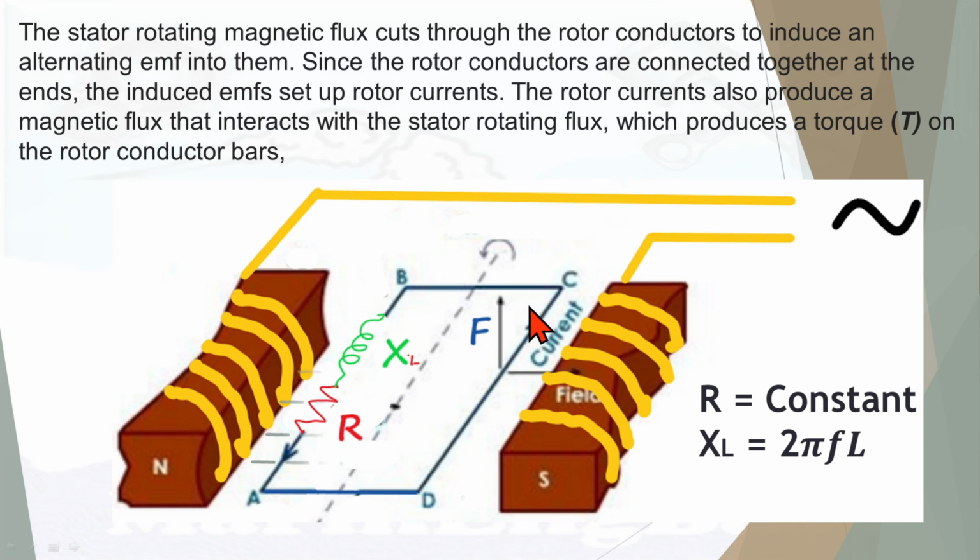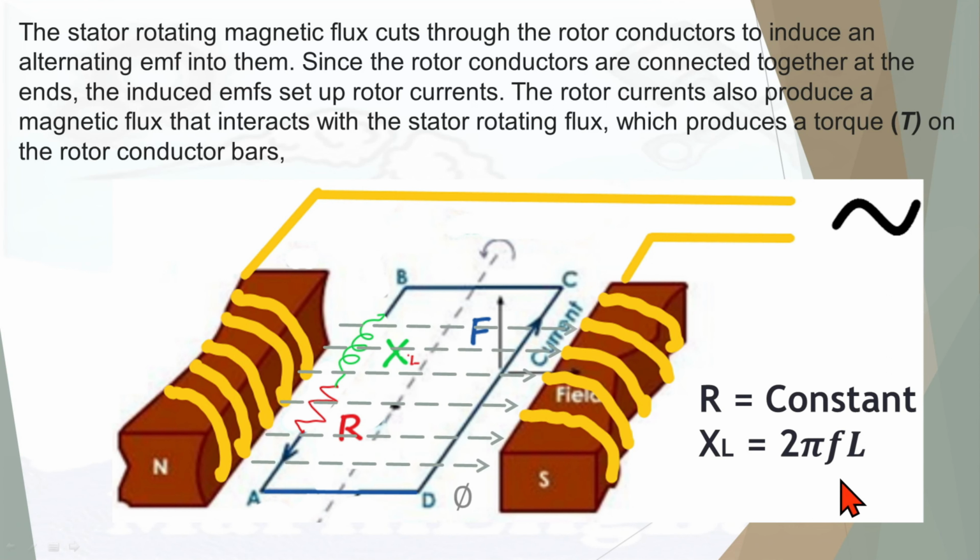Even though in a squirrel cage induction motor we apparently don't have any coil, we can consider this copper conductor arrangement as a coil. It has a resistance as well as a reactance. The resistance is normally a fixed value; if you measure the ohmic value at the ends, it will be constant.